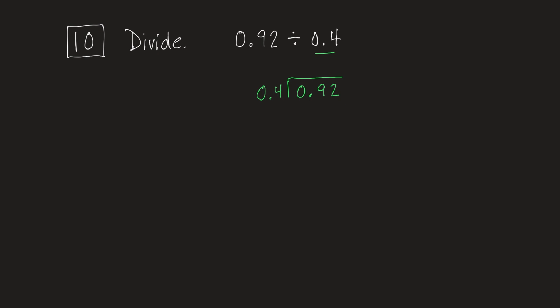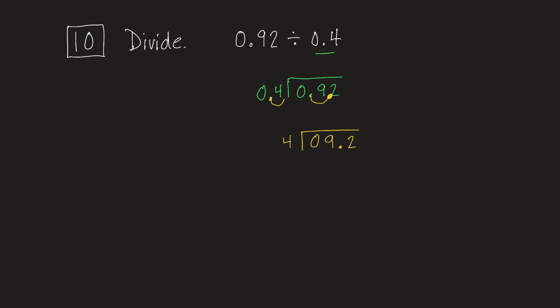Okay, now what do I do? I recognize that I cannot divide with a decimal divisor, so I can move it to the end one place. So I'm going to rewrite now. 4, and I have to move this guy one place also. So now my decimal point's right there. So I have 0.9.2.